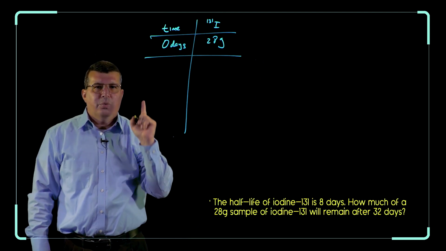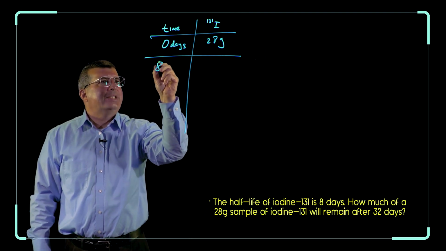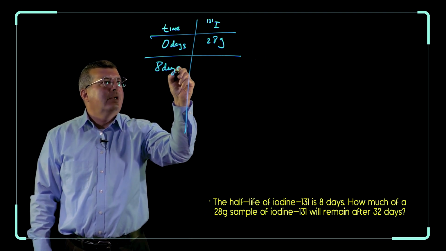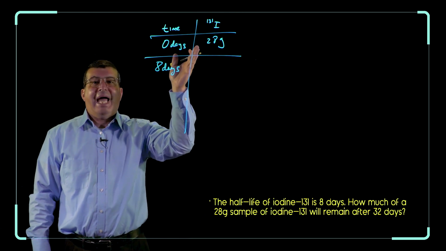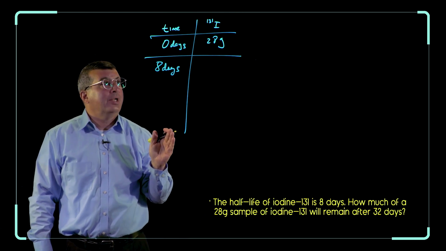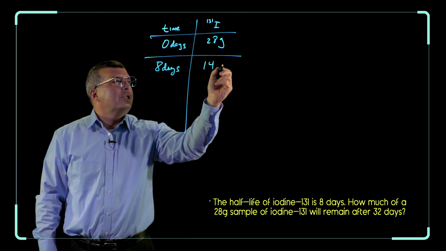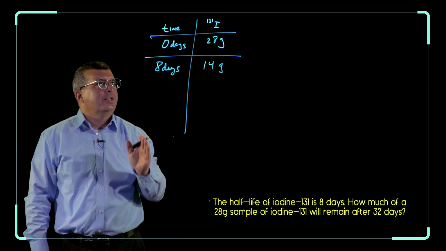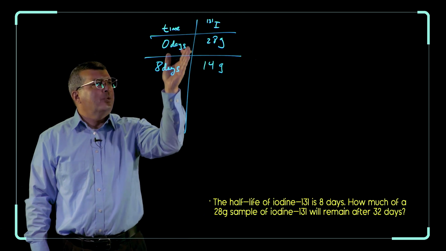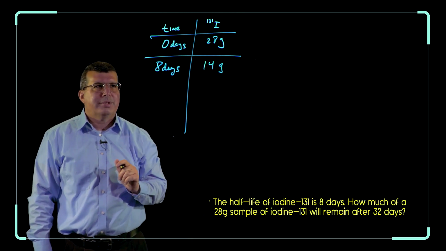Okay, so after one half-life, after 8 days, we will have lost half of our iodine-131. So we've gone from 28 to 14 grams. So in 8 days, we go from 28 grams to 14 grams.